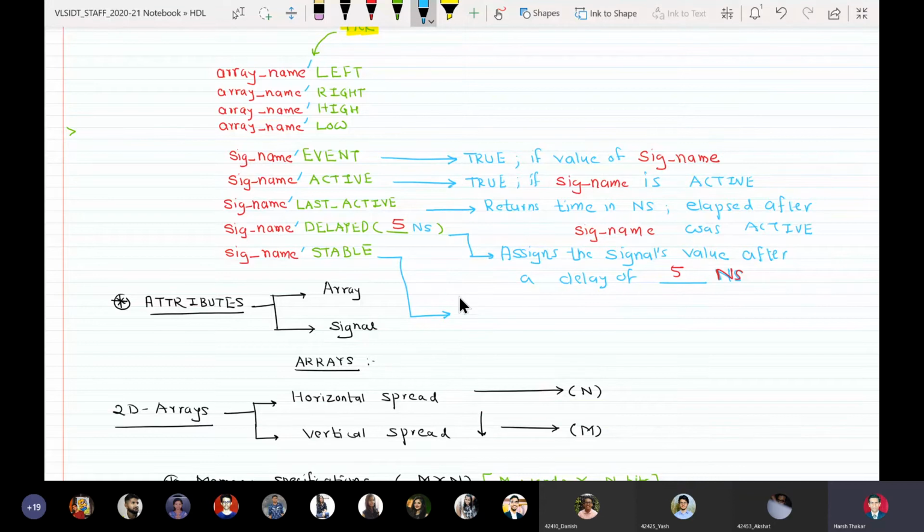And this particular attribute also returns a true. Okay, so here also there is an attribute. Say for example, we have 10 nanoseconds.